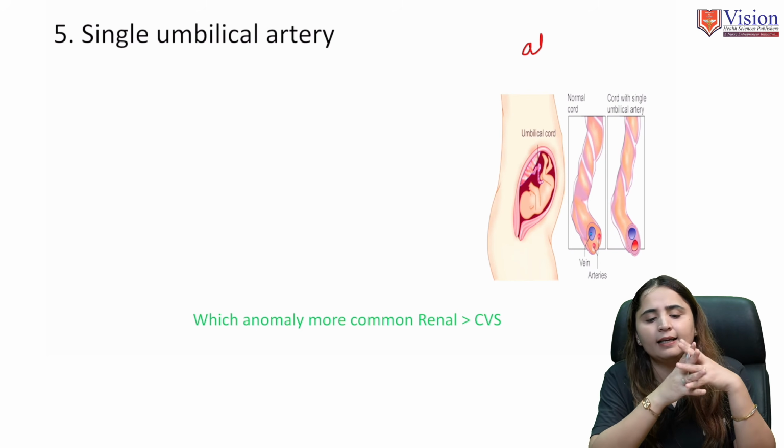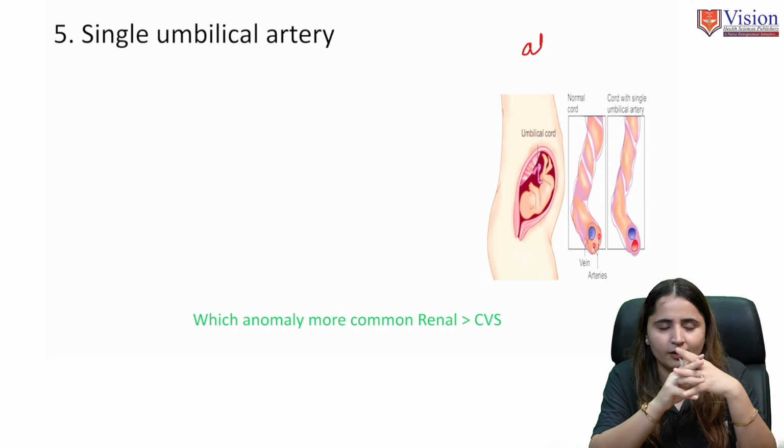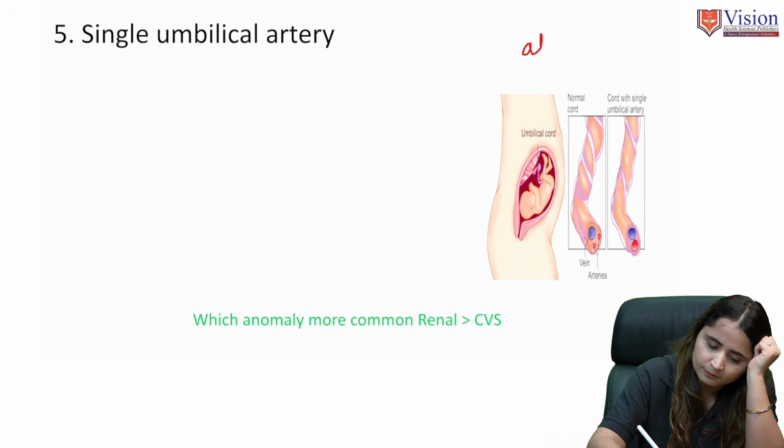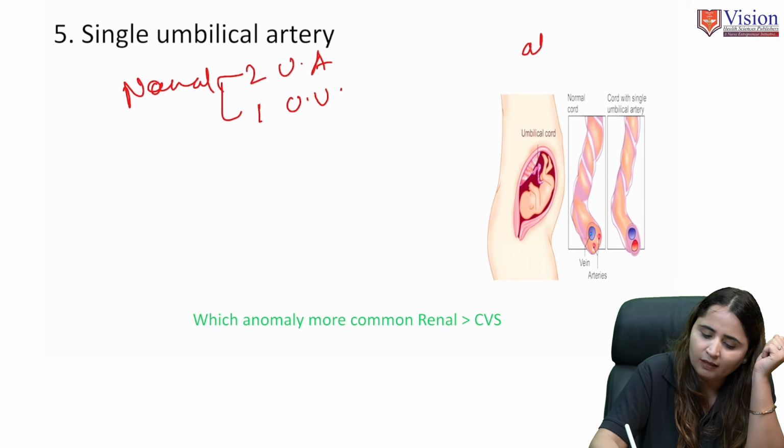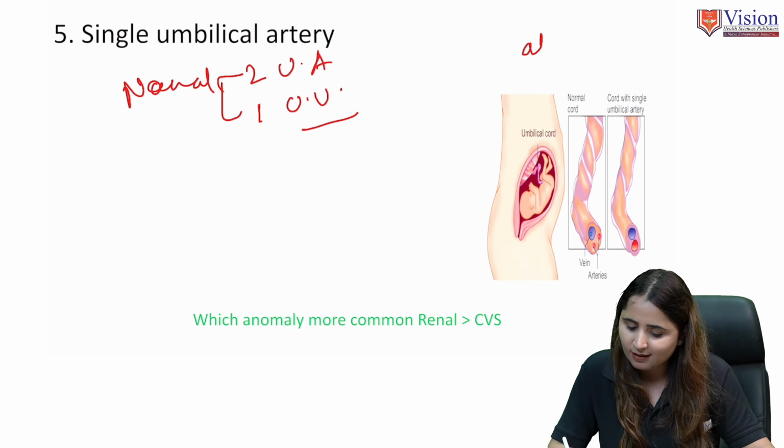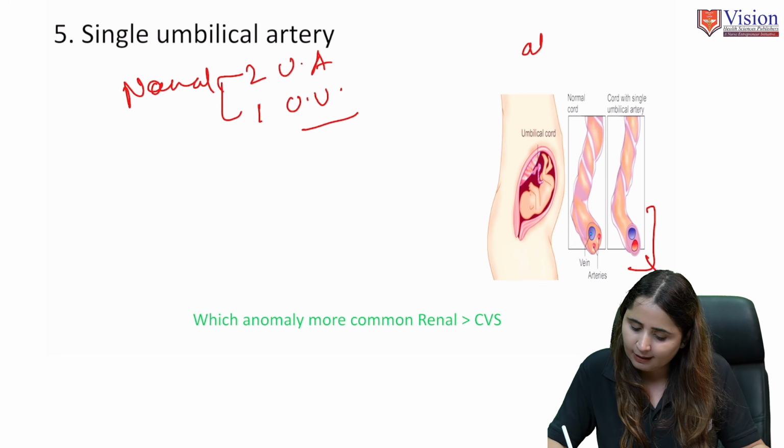And then there is a single umbilical artery. We all know that normally there are two umbilical arteries and one umbilical vein. You can see here in the diagram, this is a single umbilical artery, that is one umbilical vein and one umbilical artery.